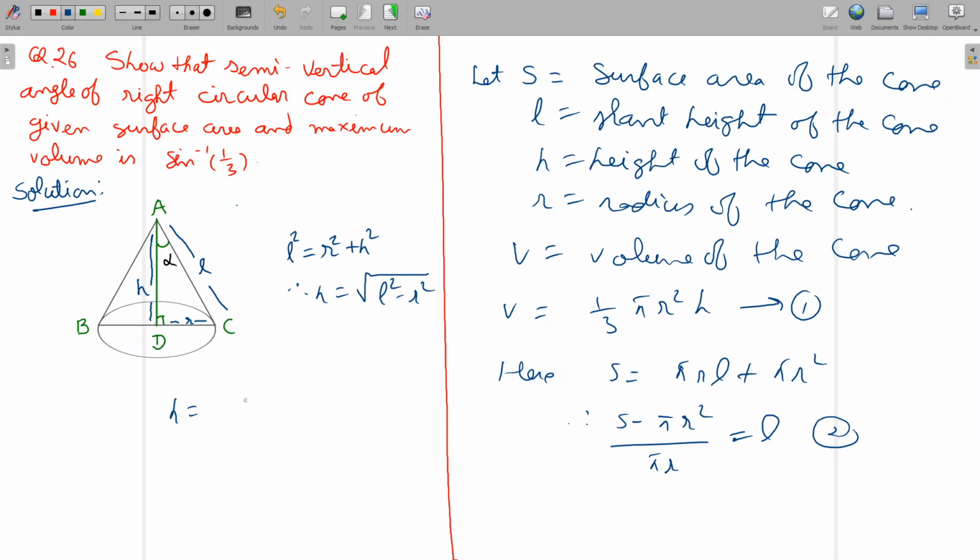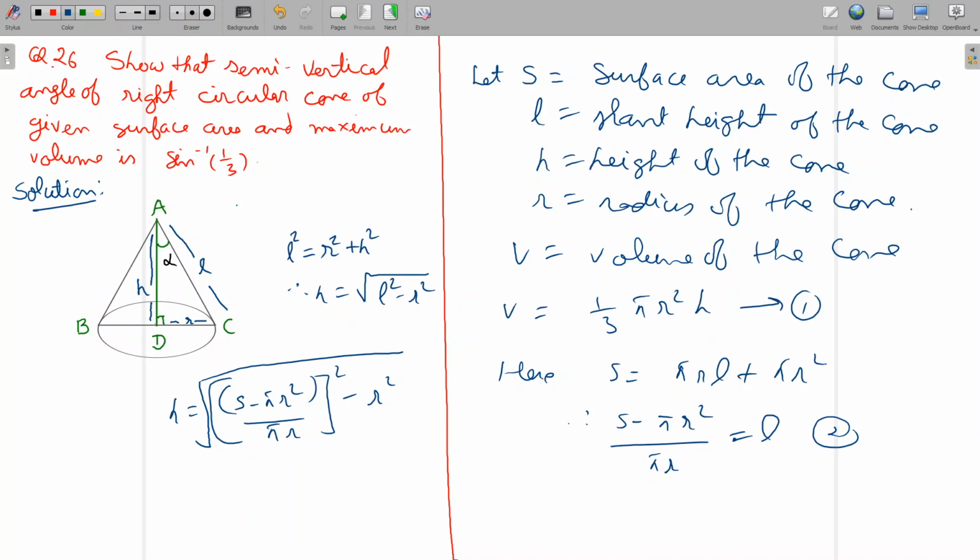So H equal to the root of (S minus pi R square over pi R) whole square minus R square. So this is our H.